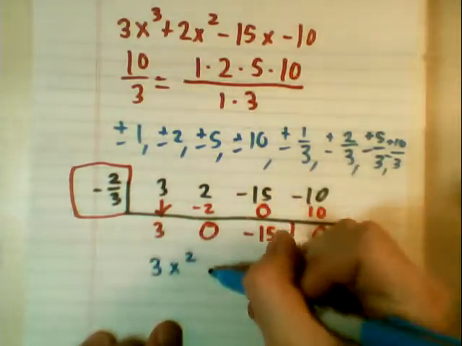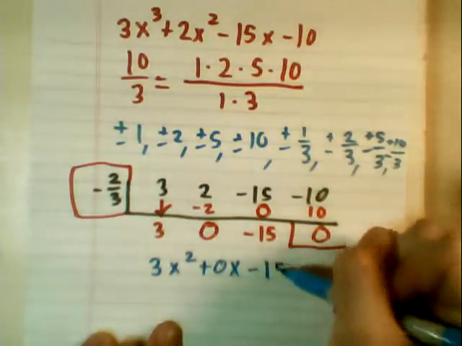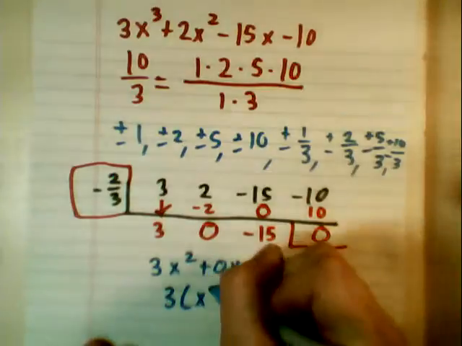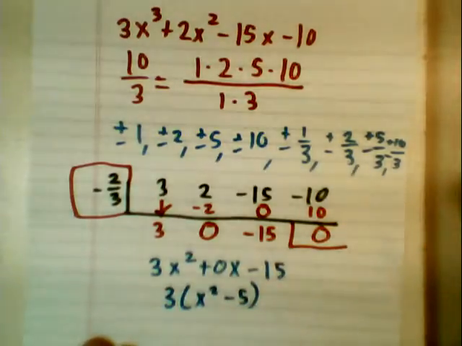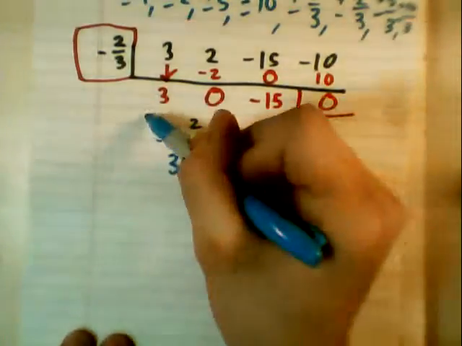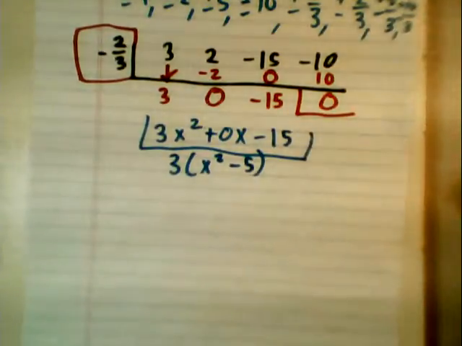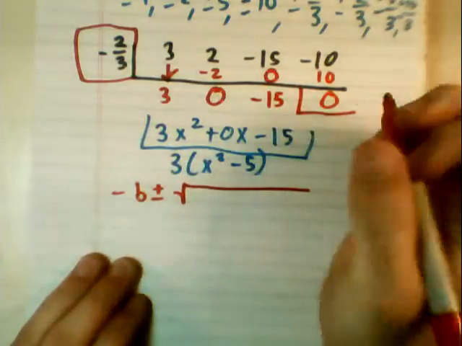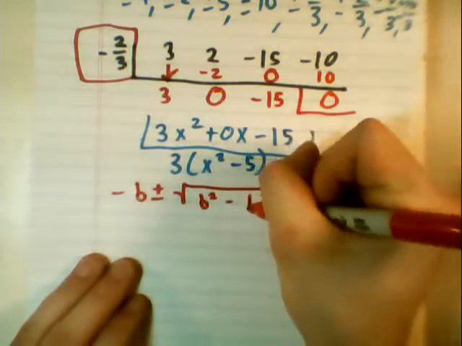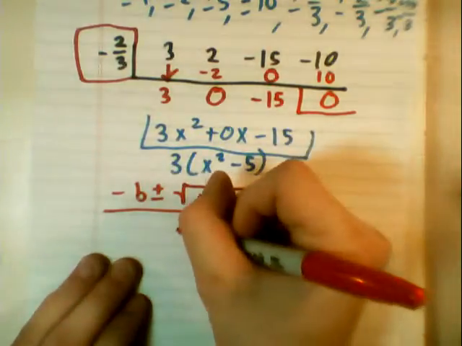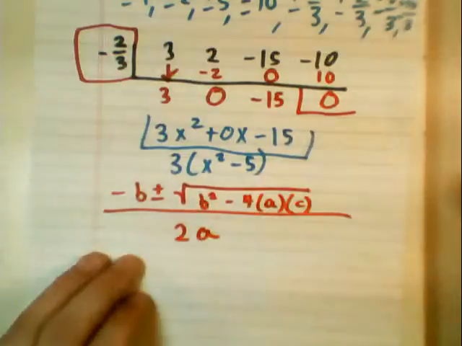So we get 3x squared plus 0x minus 15. We could factor out a 3, but we can't break that up anymore. So let's apply the quadratic formula to this. The quadratic formula is negative b plus minus the square root of b squared minus 4 times a times c, all divided by 2 times a.